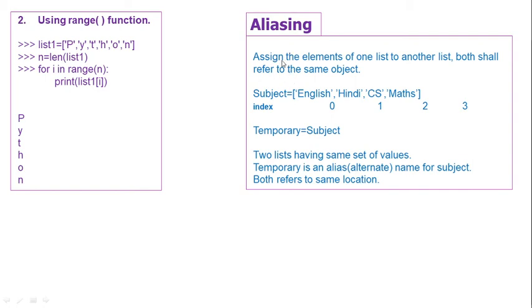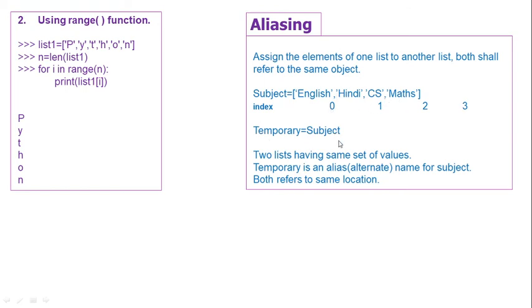So assign the elements of one list to another list, and both shall refer to the same object. Aliasing is the process of assigning the elements of one list to another list, and both refer to the same object. We have an example. subject equals English, Hindi, CS, Maths, with indexes 0, 1, 2, 3.